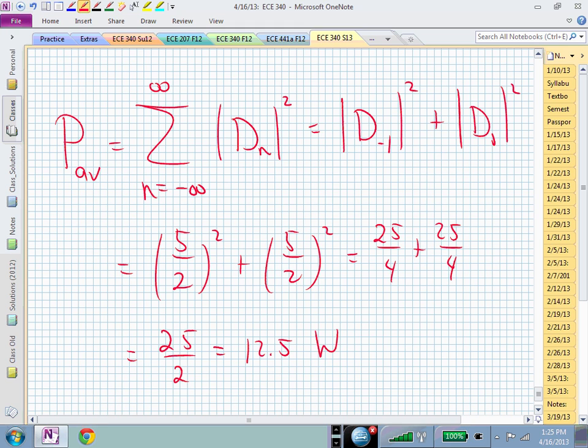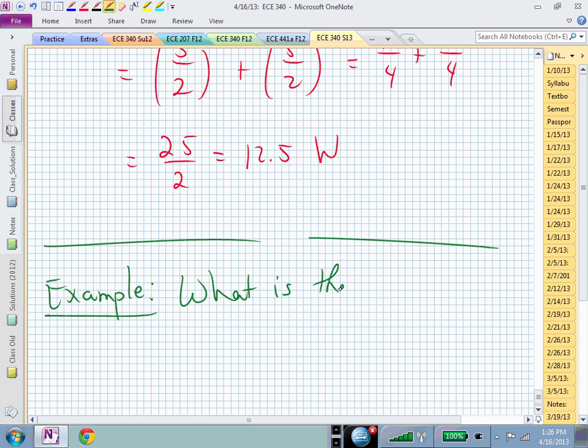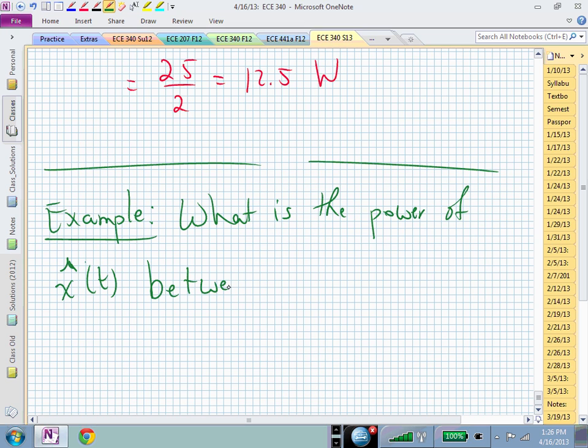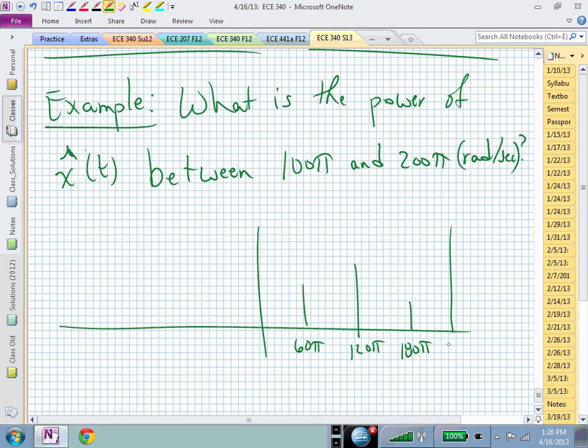Now I might give you the following problem. I might say something like, what if you're given this picture? I might now just give you a line spectra and ask you a question. I might say something like, what is the power of, let's just say this is now some new signal, x hat of t, between 100 pi and 200 pi radians per second, where I might give you something that looks like, oh, well, here is, let's say, 60 pi, here's 120 pi, here's 180 pi, here's 240 pi.